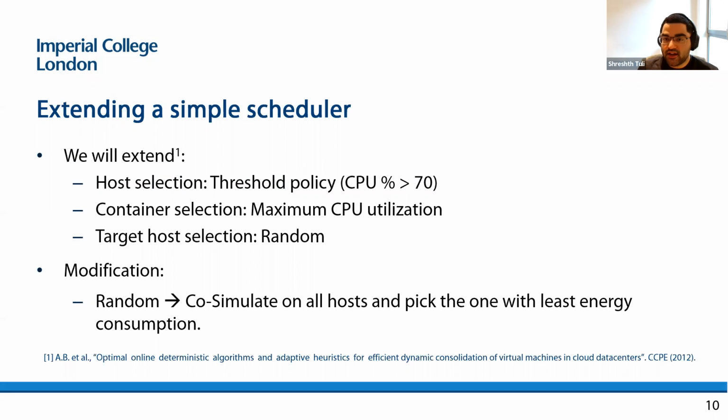For these selected containers, the target host selection is usually random. The idea behind using this kind of scheduling policy is just to make sure that we are balancing the load across different host machines. However, we leverage this idea of co-simulation to improve this. Instead of selecting the target hosts randomly, we co-simulate all possible container to host allocations and pick the one with the least energy consumption as our QoS score.